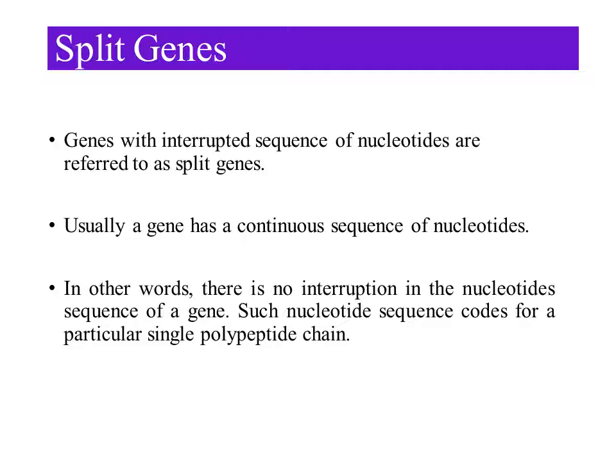The one which codes for amino acid is called the coding sequence, and the one which doesn't is called the non-coding sequence or intervening sequence, or it is simply called an intron.